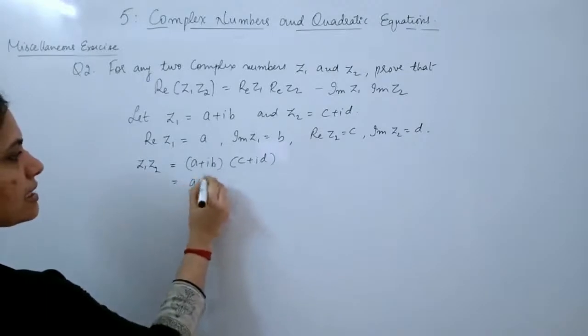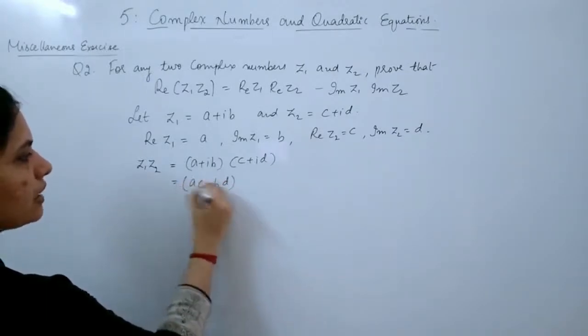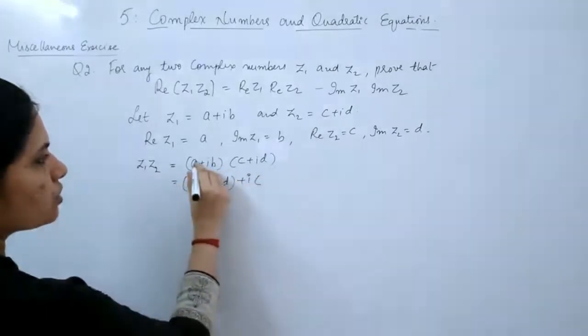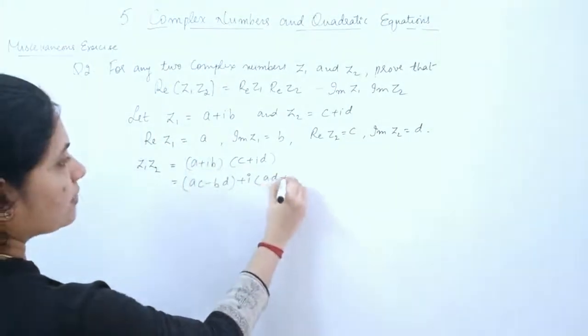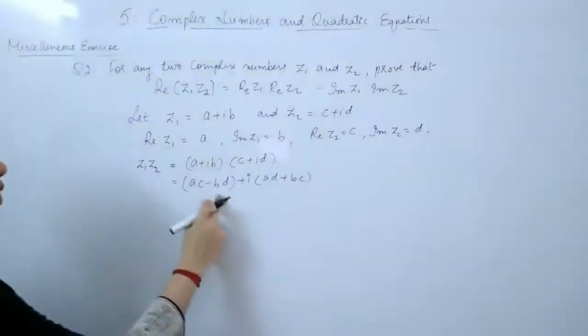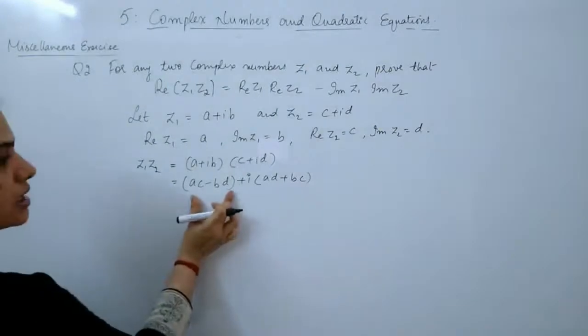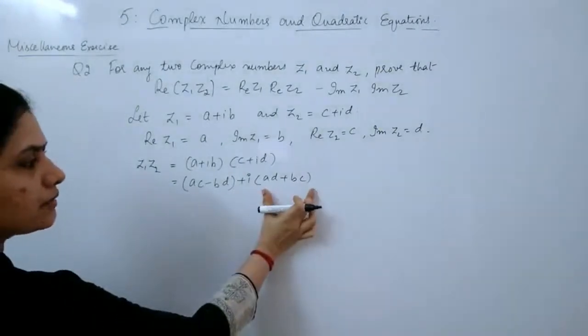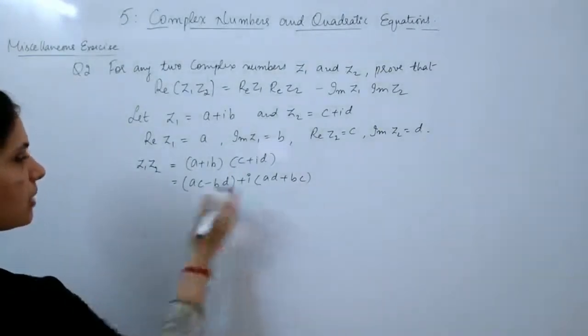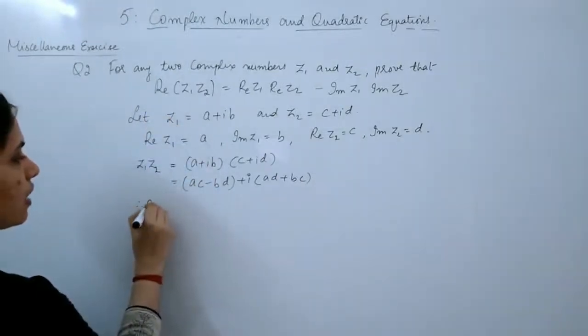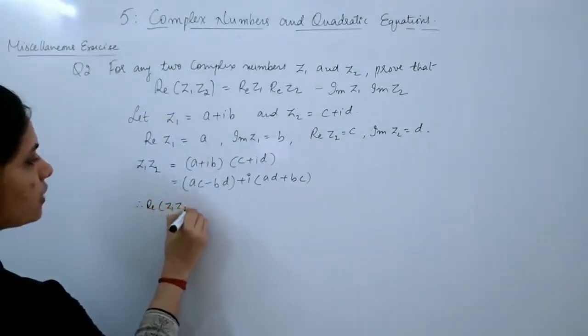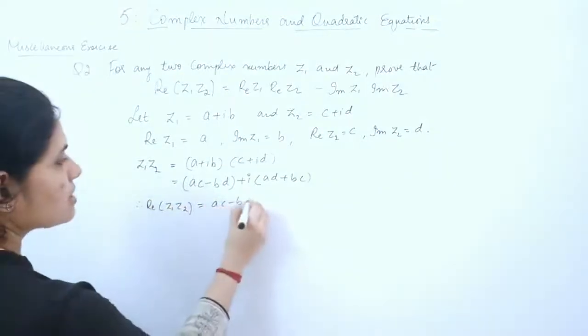We will get ac minus bd plus i into (ad plus bc). So this is your product. Here you can see that this is the real part and the term with i is your imaginary part. We need the real part, therefore the real part of z1 z2 is ac minus bd.